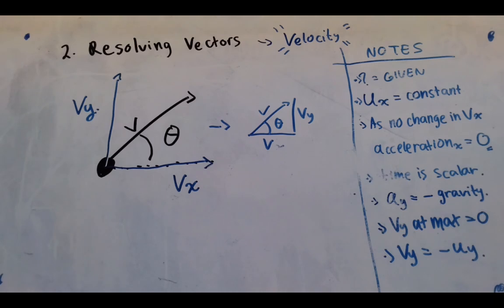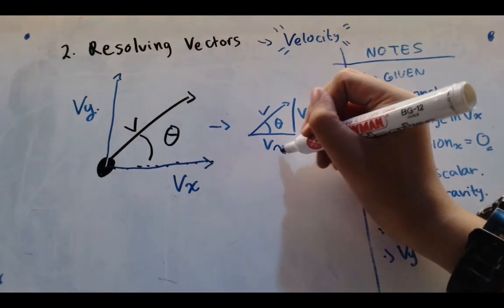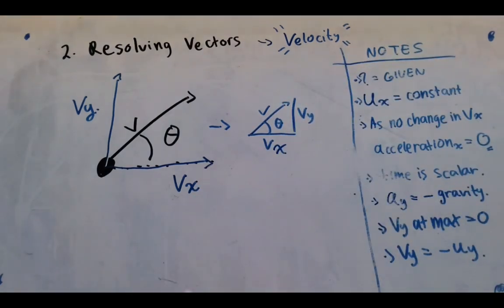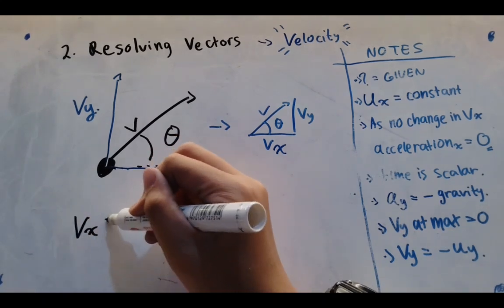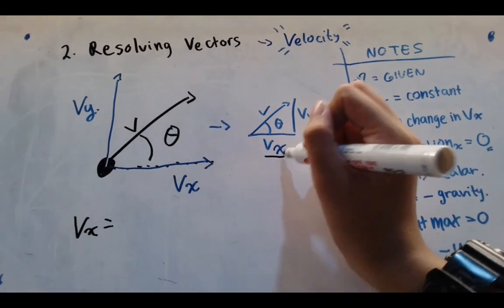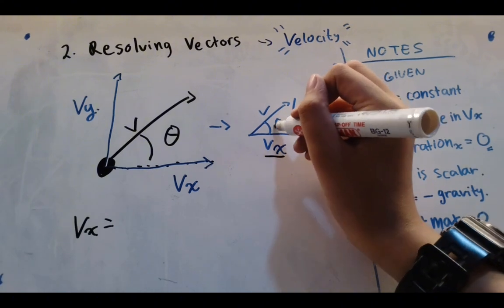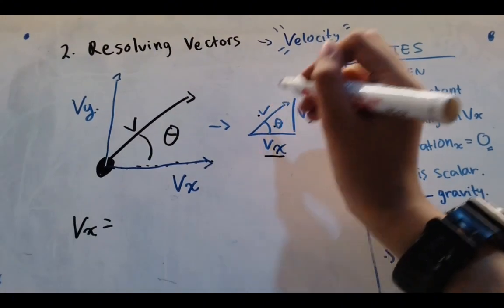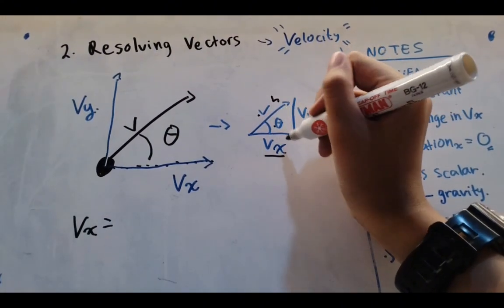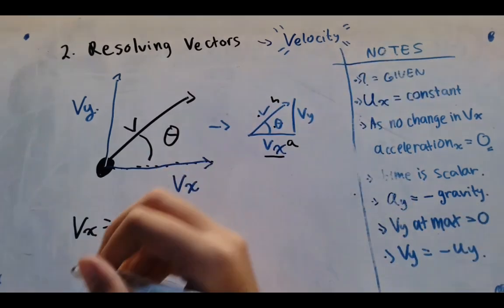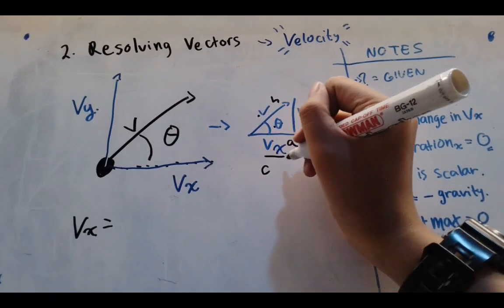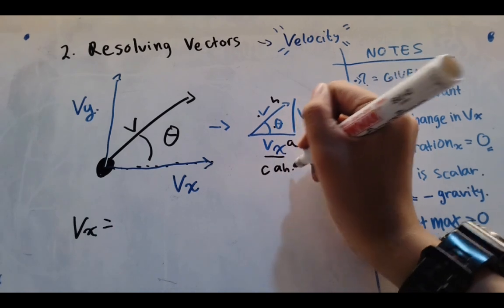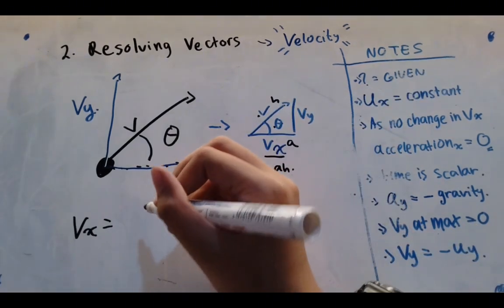First, let's find the velocity in the x direction. As we can see in the triangle, the velocity in the x direction is the adjacent and the velocity is the hypotenuse. So, A and H means we can use CAH, which means we can use cos theta.